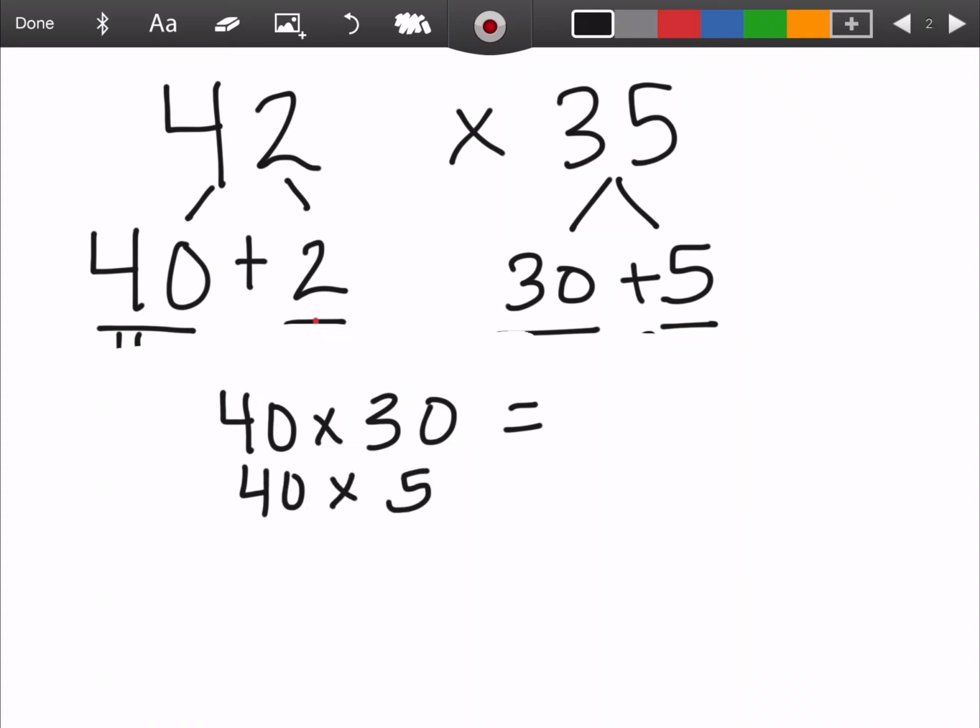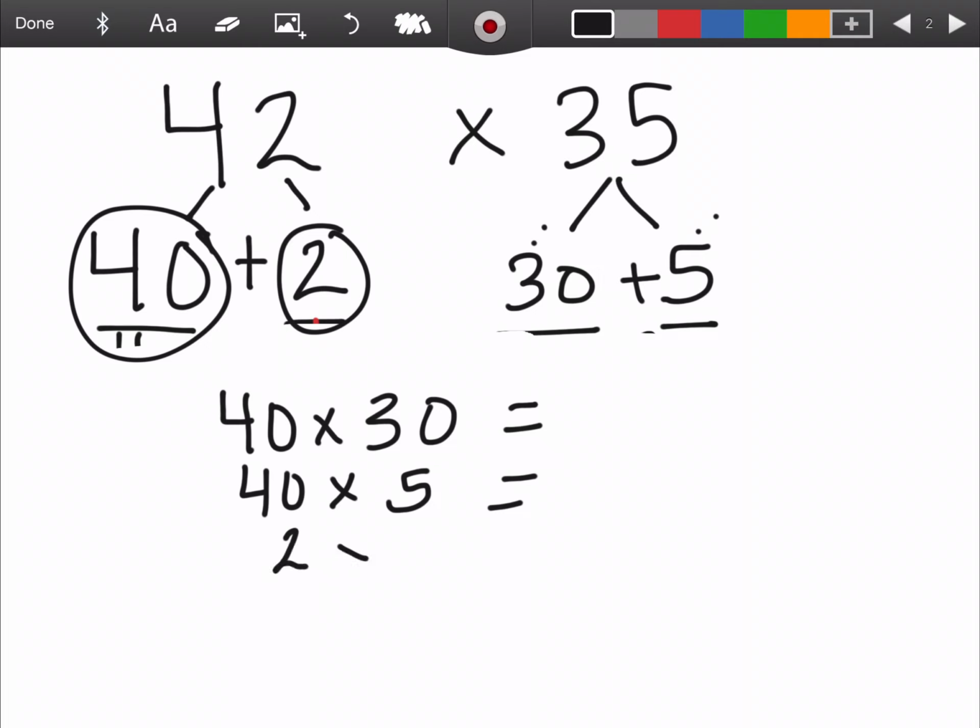I like to do all of the number by both of the things they're being multiplied by. And then I like to move on to the next number and what they need to be multiplied by. So then I do 2 times 30 and 2 times 5. That way I know that I have got all the numbers. I just go in order.